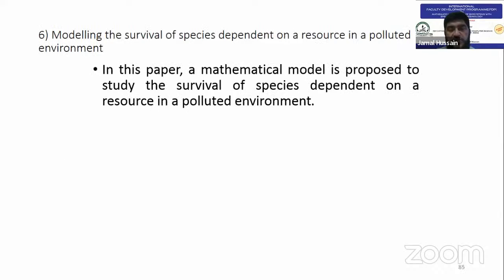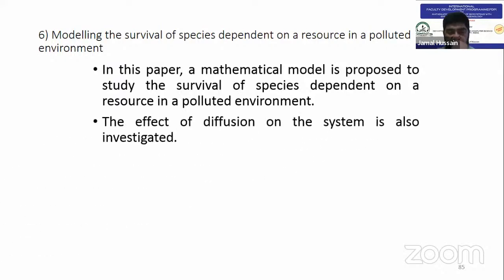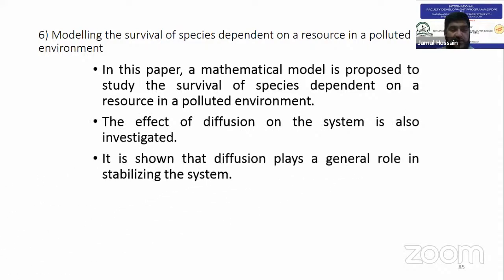So in this paper, a mathematical model is proposed to study the survival of species dependent on a resource in a polluted environment. The effect of diffusion of the system is also investigated. It is shown that diffusion plays a general role in stabilizing the system.